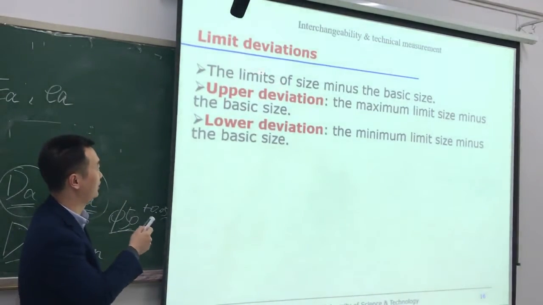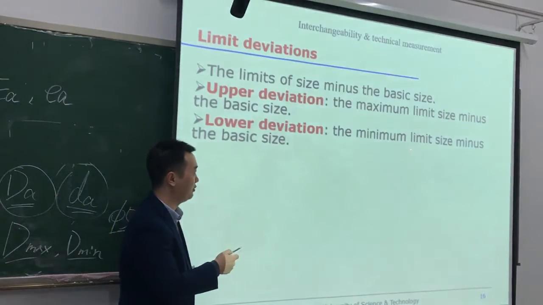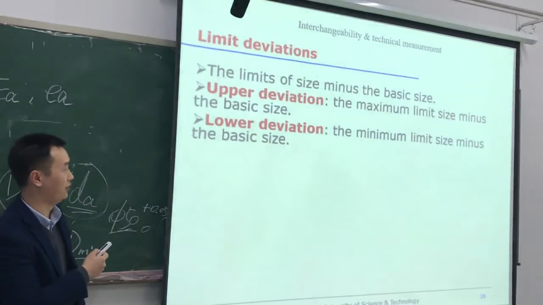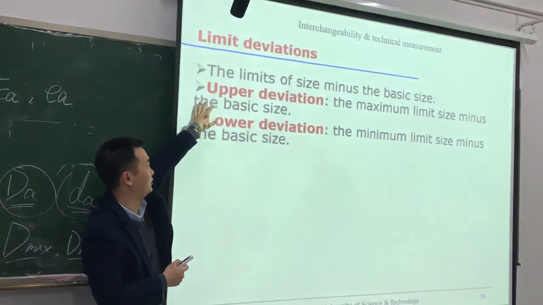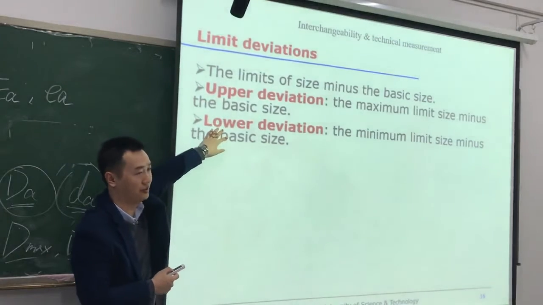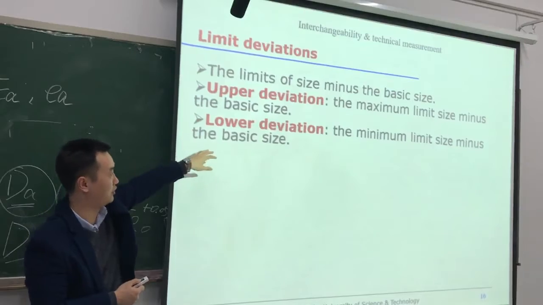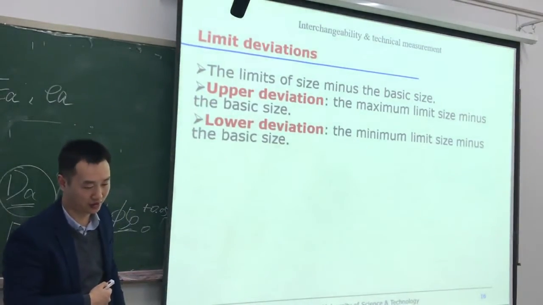If you use the minimum limit size minus the basic size, we get the lower deviation. So for a hole, we have its upper deviation and its lower deviation, and for a shaft, we also have its upper deviation and lower deviation.